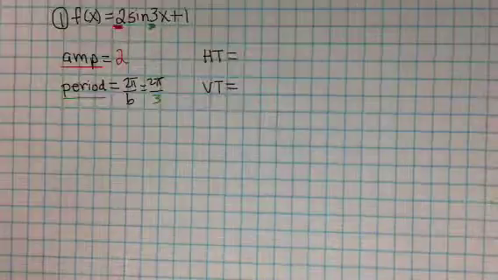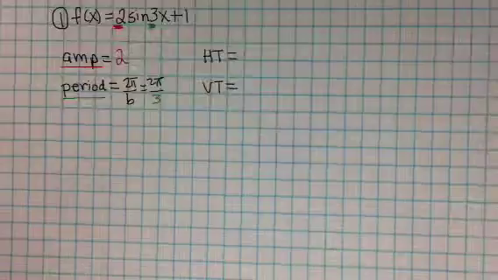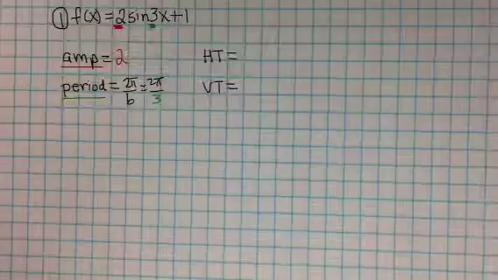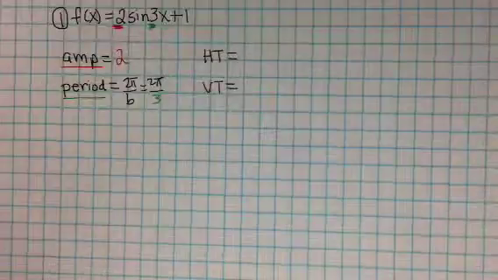Okay, for horizontal translation or phase shift, we look to see if there is a number added or subtracted in parentheses to the x.